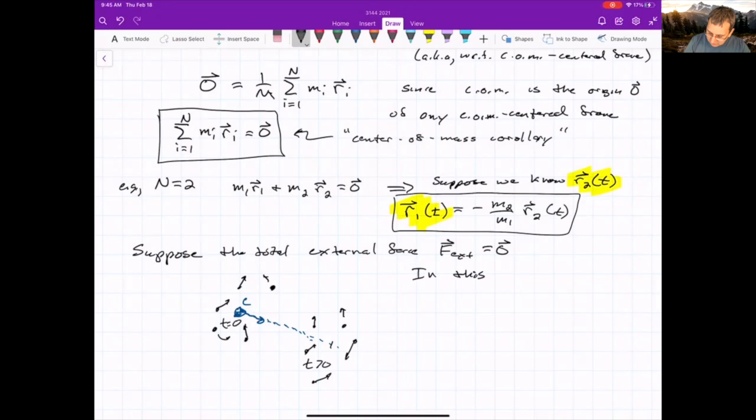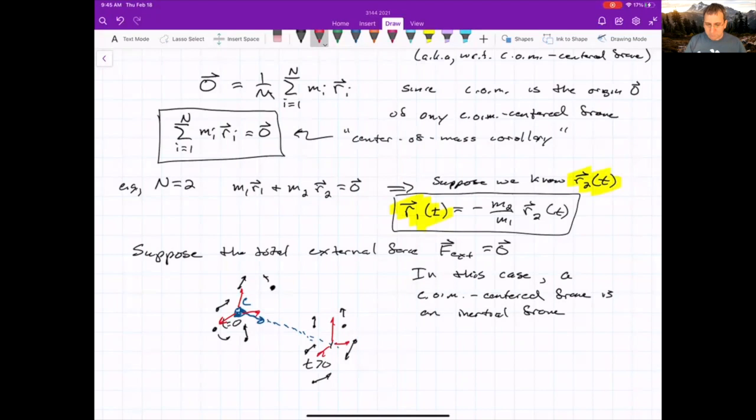But in this case, the center of mass centered frame, I keep saying 'the' as if there's one. We get to pick those directions, right? A center of mass centered frame is an inertial frame, meaning we could pick our frame. And why is that? Because it is moving with constant speed.